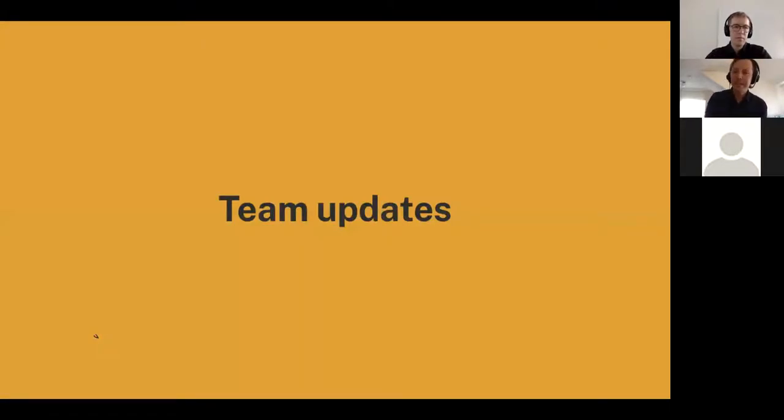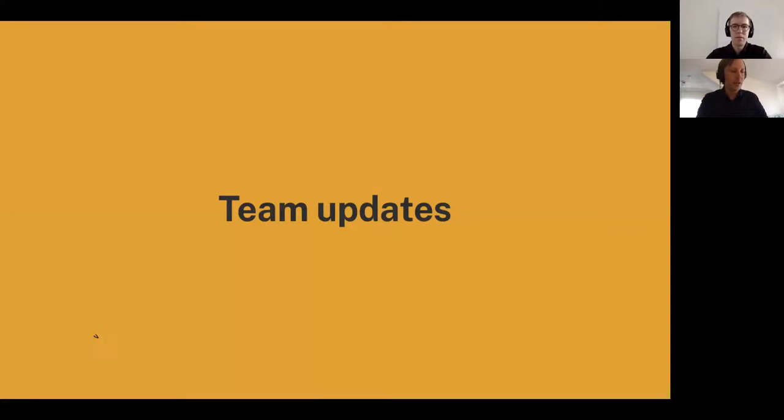First, some team updates. If you've been following along with the US Web Design System team over the last few monthly calls, you'll know that we're kind of in a team transition right now, and we're working on staffing up again to start some real development work very, very soon. And hopefully by the end of the month, we should have a real development team together.